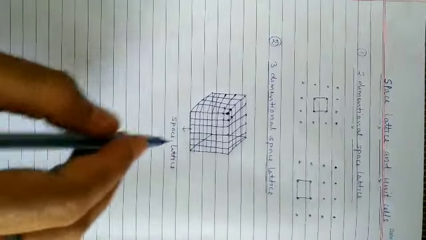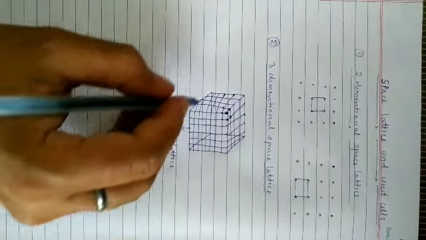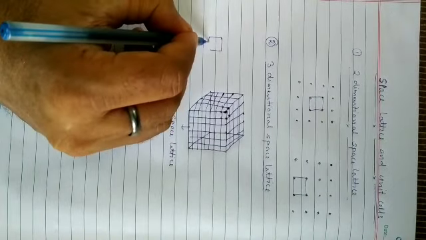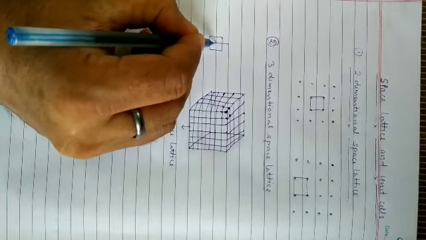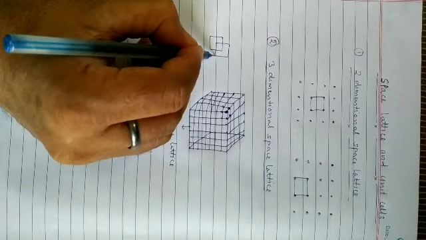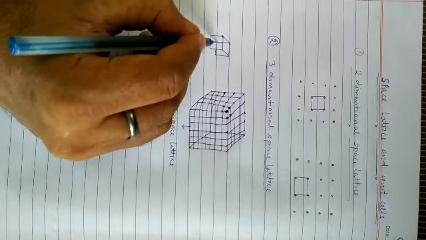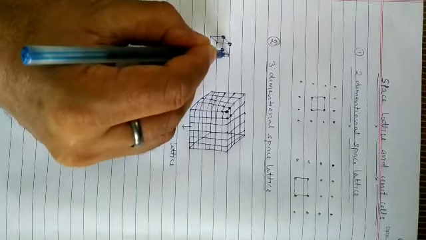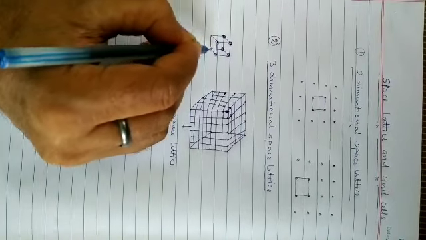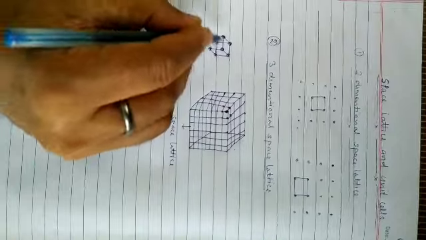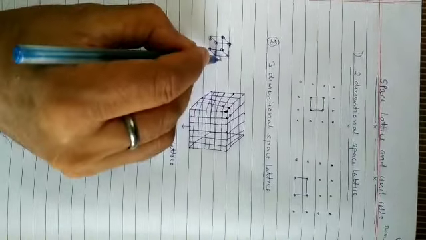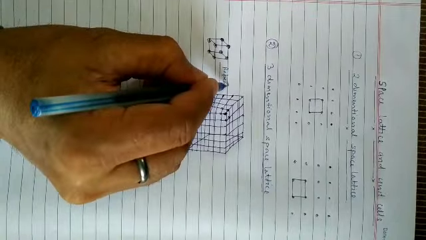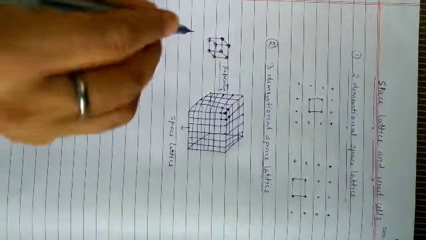You can select some group of points like this in 3D, and when these groups of points are repeated, we get the complete space lattice form.